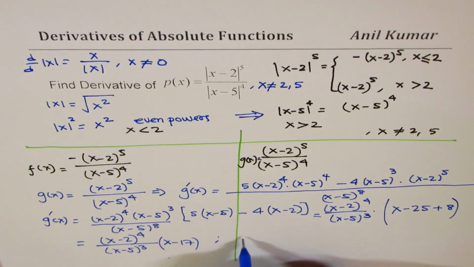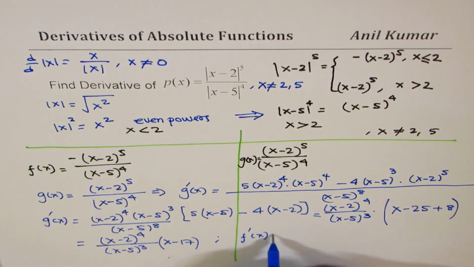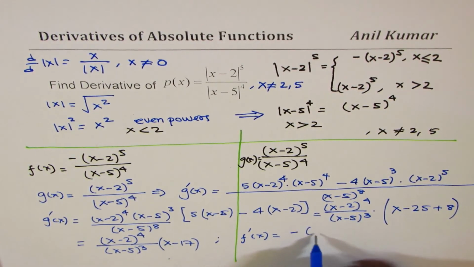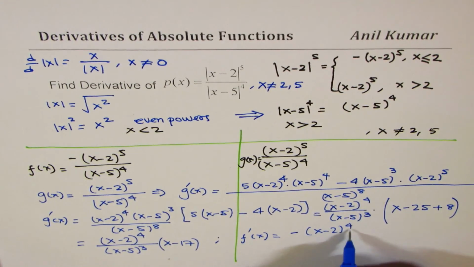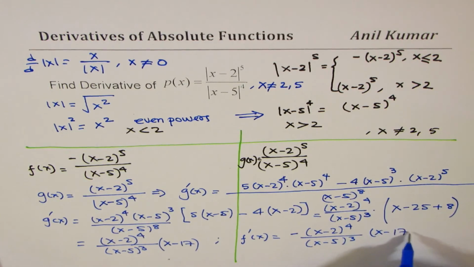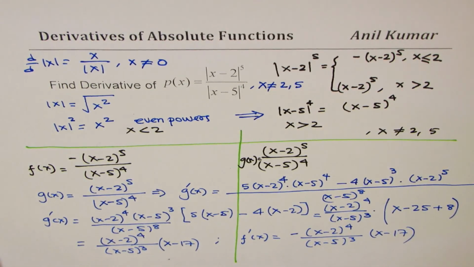Similarly, we could write f dash x as the negative of all this, right? So we have negative of (x minus 2) to the power of 4 over (x minus 5) to the power of 3 times (x minus 17). Does it make sense to you? So that is how we could get the derivative of this particular function.